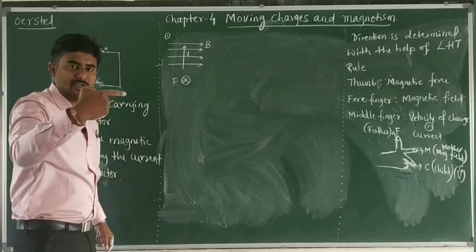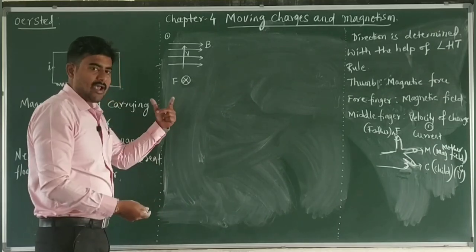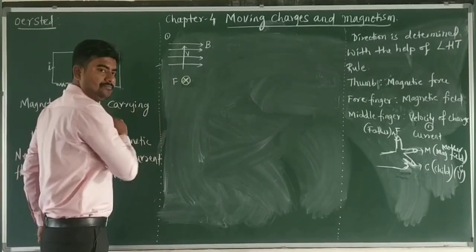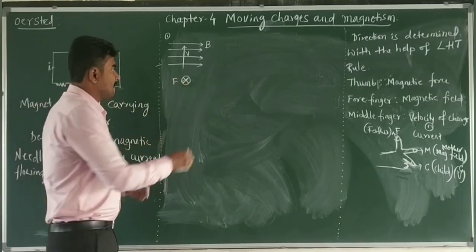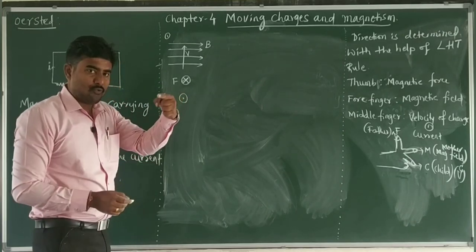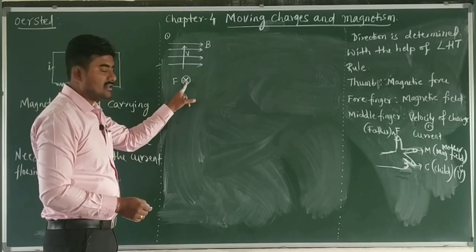Okay, if arrow is entering into the plane, then its back will appear, its tail will appear. Therefore this is tail. Okay, if the arrow is coming out of the plane, then I can indicate by this way. The tip of the arrow will appear. Okay, therefore this is tip and this is tail.